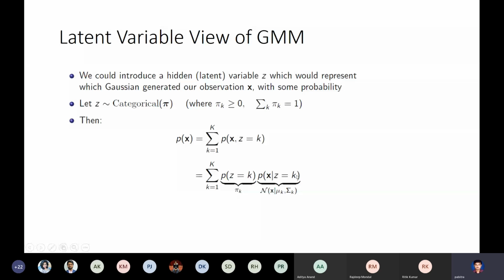So this is a product of these two distributions, and you have to do it not only for a single k, you have to add it up over all k. Because the moment you generate a z, this pi is a multinomial, so it will be k = 1 with pi 1, k = 2 with pi 2. So you have to add it over all k to get the distribution.